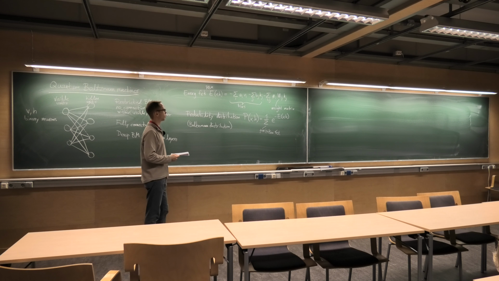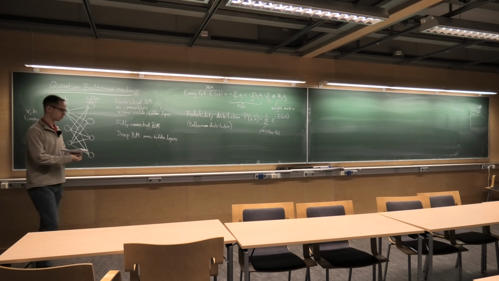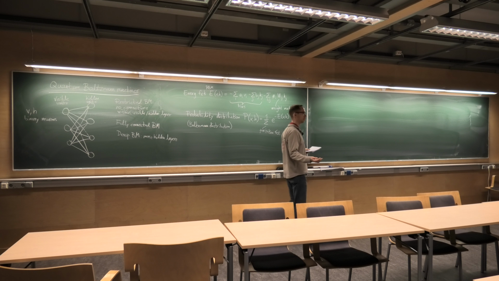So what we have here is some probability distribution for the states of the neurons, and this probability distribution is set by this energy function. So it's set by these weights. By training these weights and biases, you can realize new probability distributions. And what you usually do is that you have some data.